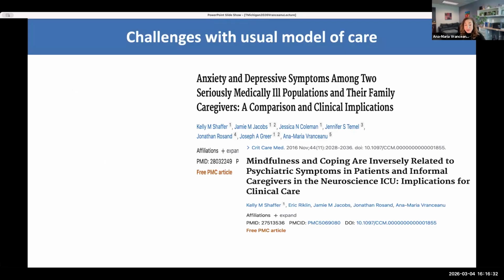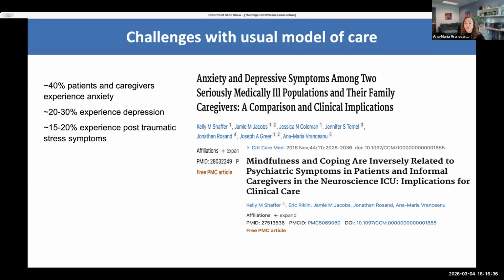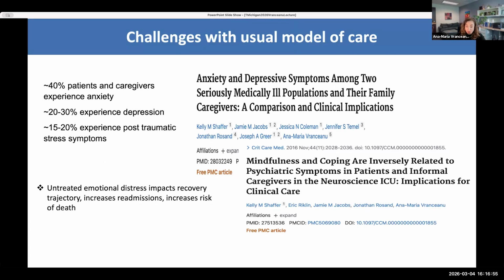We started to do some research. We conducted several studies which showed that about 40% of patients and caregivers experience clinically significant anxiety, about 20 to 30% experience depression, and about 15 to 20% experience post-traumatic stress symptoms. If untreated, these symptoms impact the recovery trajectory, increase readmission, and increase risk of death.